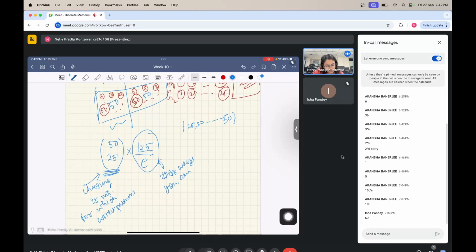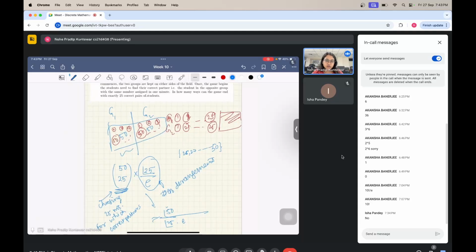And if you expand this further, you get 50 factorial over 25 factorial times e. I'm not going to find this answer exactly right now, but I hope the example demonstrates how to use derangements to solve questions of this kind.